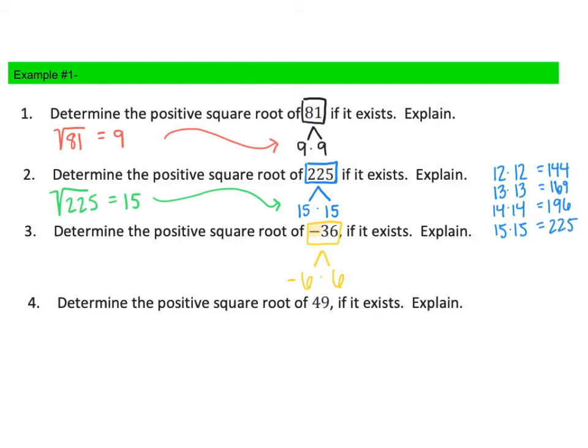And you say, well, why don't we make both of them a negative? Well, if we do negative times a negative, that makes a positive. So, does there exist a positive square root for this number? No. No positive square root exists.